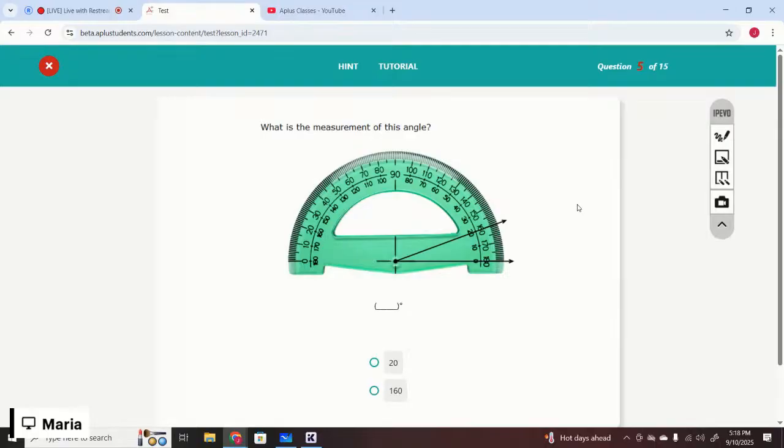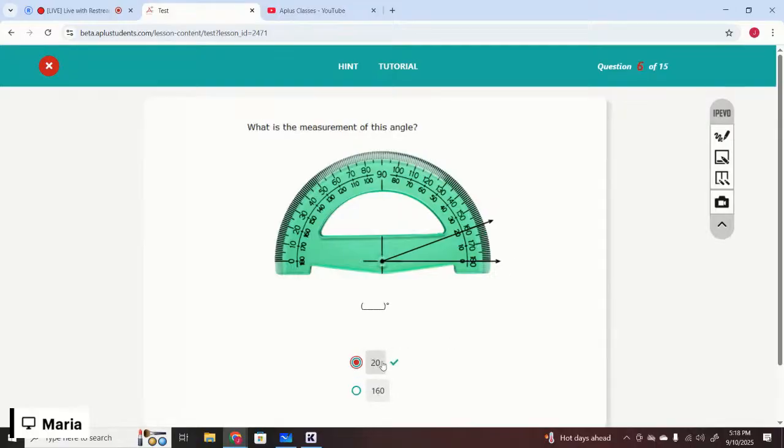So you need to measure the angle from the inner side, right? Because the line is lined up with a zero, and zero is on the inner side, right? So that is 20 degrees. Option number one is the correct option. 20 degrees it is.